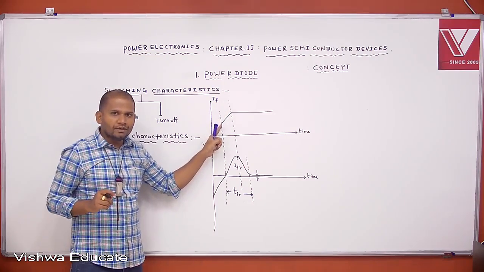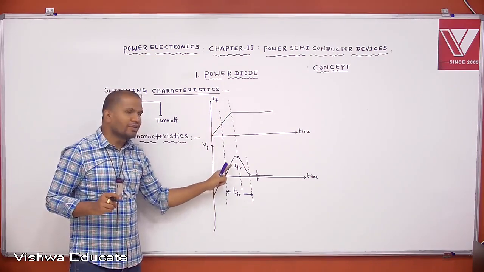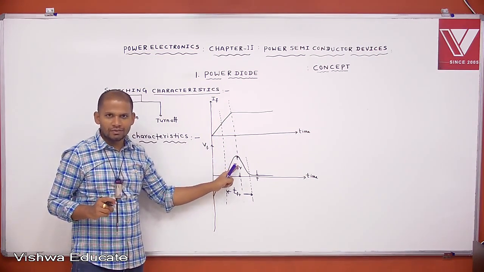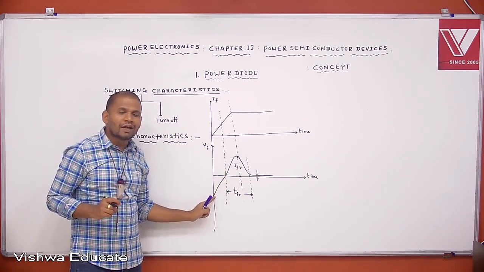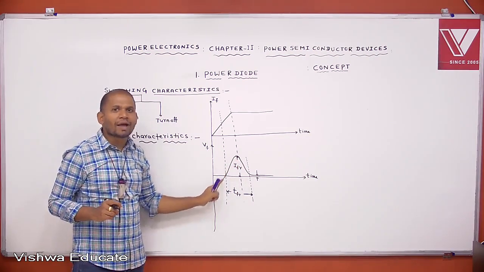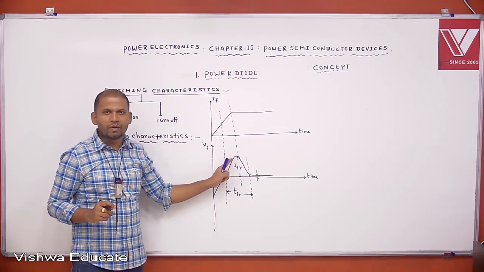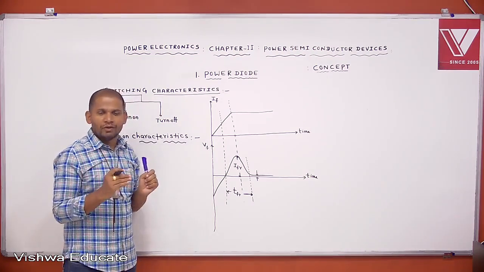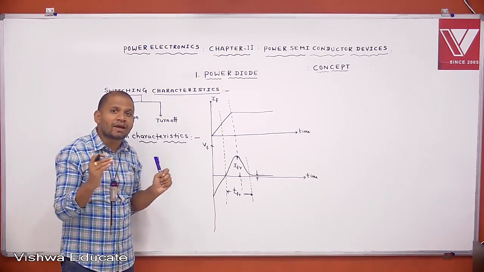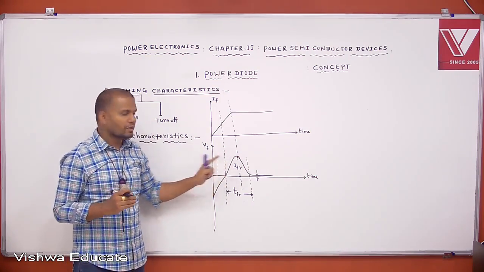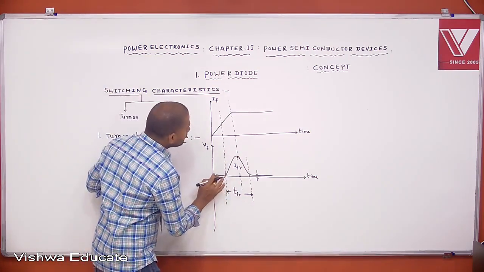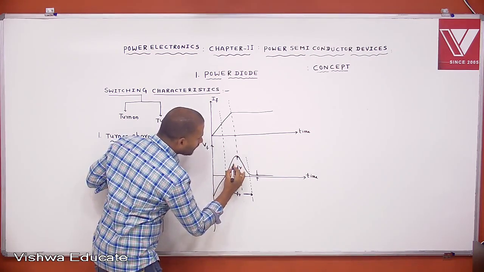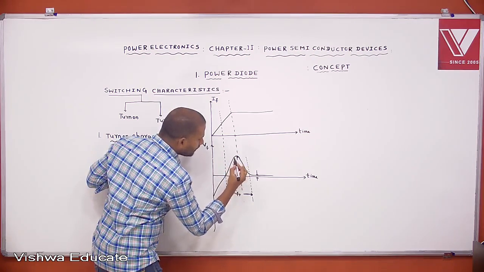One observation here: during turn on, the voltage across the diode reaches a maximum value. A large voltage appears across the diode during the turn on. This is the forward recovery voltage, VFR.